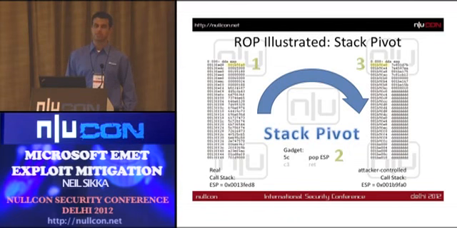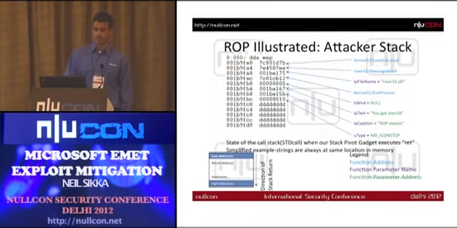Because the ESP register determines the top of the call stack, 1B9FA0 is now the value in ESP, and that points to the attacker-controlled call stack. So basically, the attacker switches the call stack that the thread is using by calling pop ESP, and then they have a ret instruction. Ret would return to the address at the top of the attacker-controlled call stack.